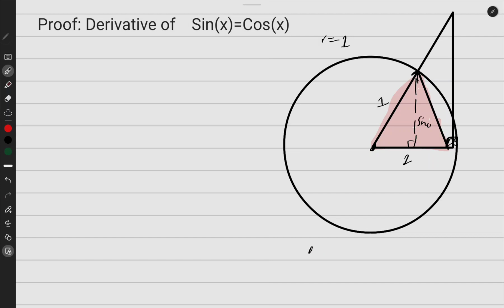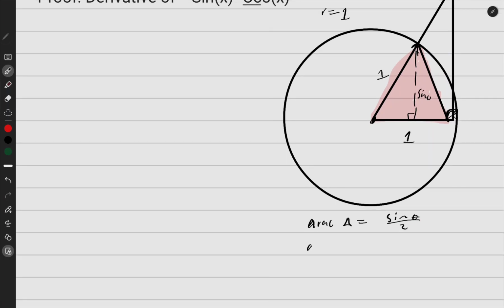So we can find the area of the small triangle with half base times height, where the base is 1 and the height is sine theta. From this equation, the area equals sine theta all over 2. I'm trying to keep everything minimal because the video seems to be long.